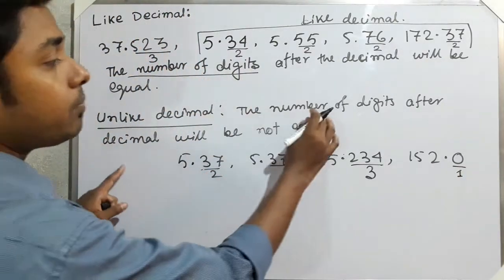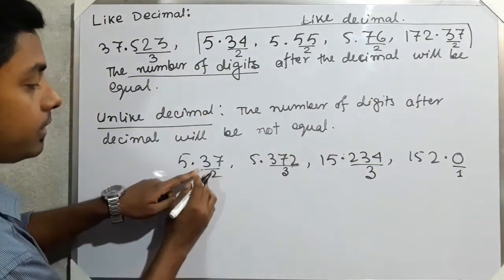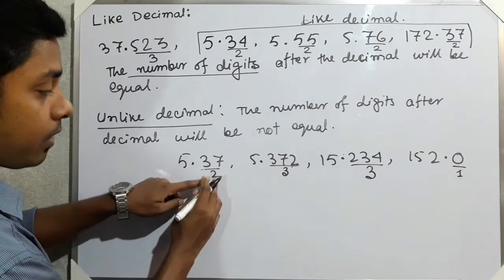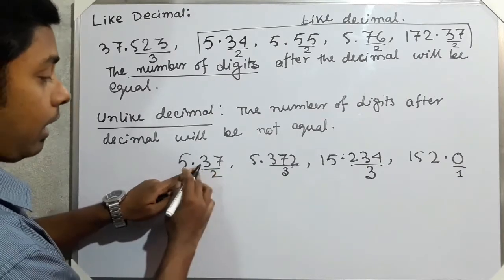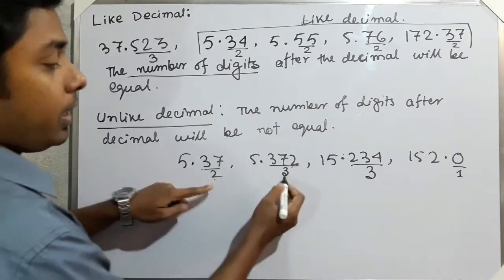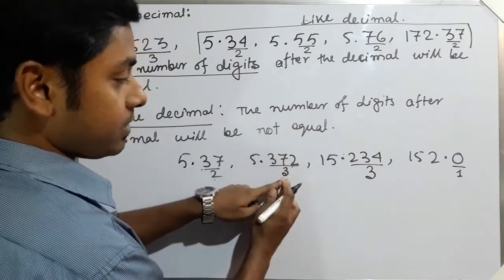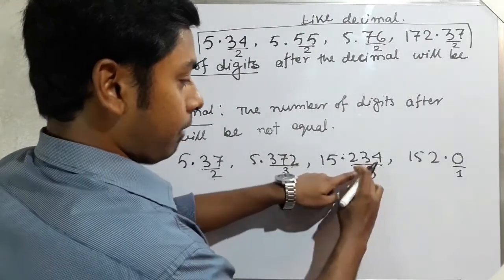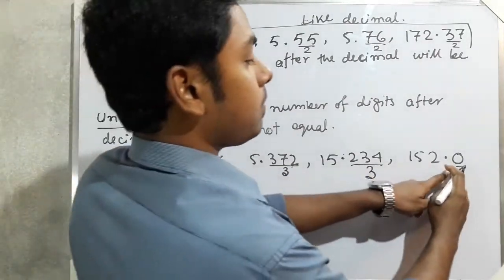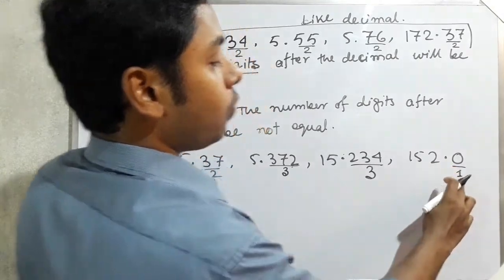So here the number of digits after the decimal is 2, the number of digits after the decimal is 3, the number of digits after the decimal is 3, the number of digits after the decimal is 1.